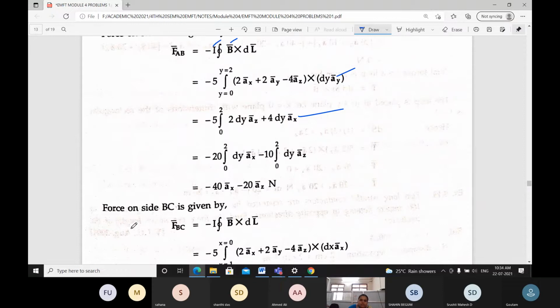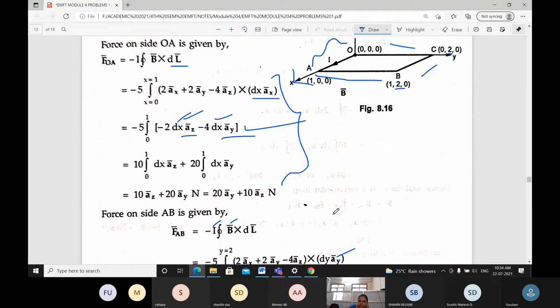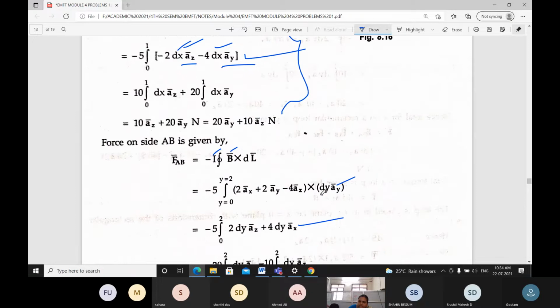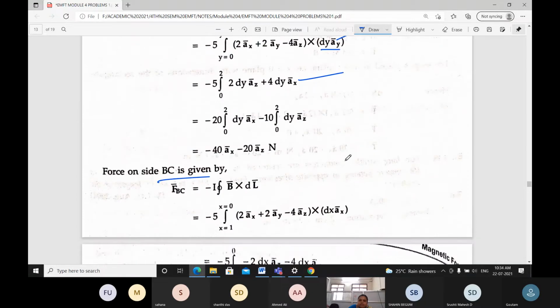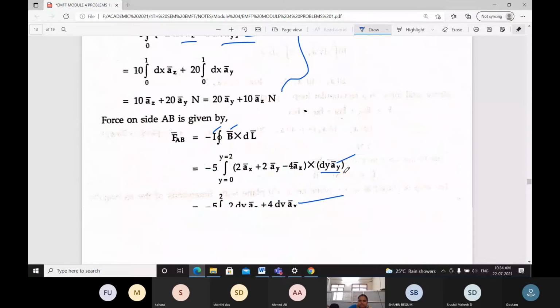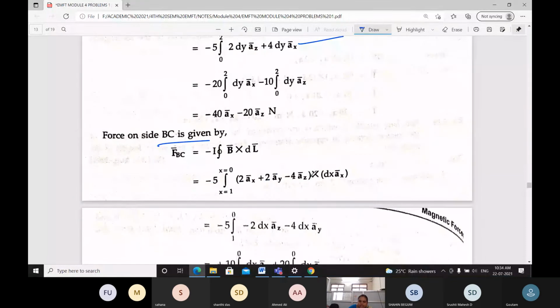In the same way, go with the side BC. Here AB is parallel to Y, for that reason it is taken as dy into ay. Then BC is parallel to ax, so instead of dL I take dx into ax.